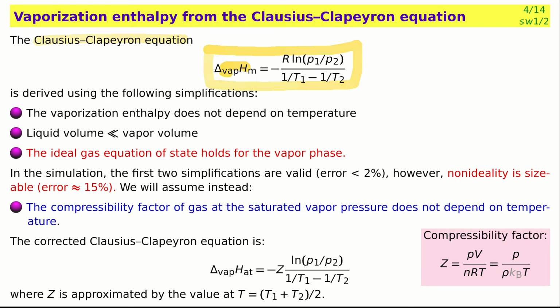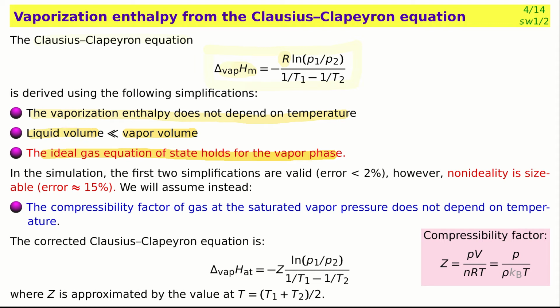First, the vaporization enthalpy here is in molar units, that's why we have this gas constant here. This vaporization enthalpy doesn't depend on temperature. We also assume that the volume of liquid is much less than the volume of vapor. And we also assumed that the gas, the vapor, is an ideal gas.